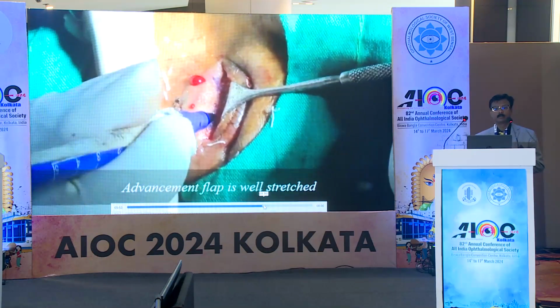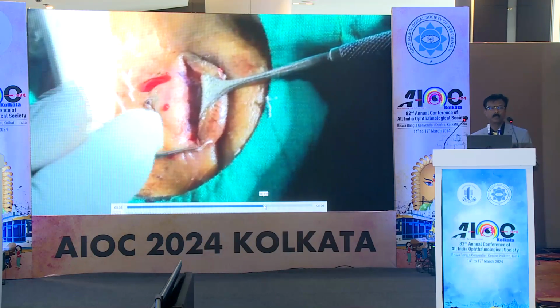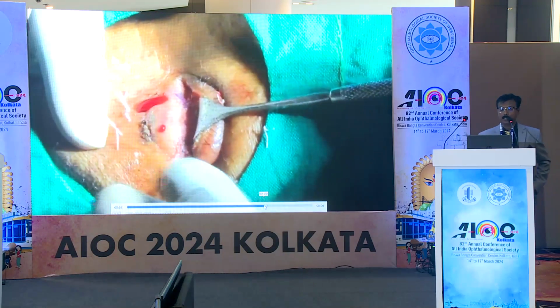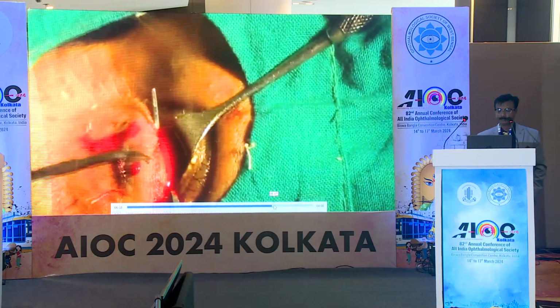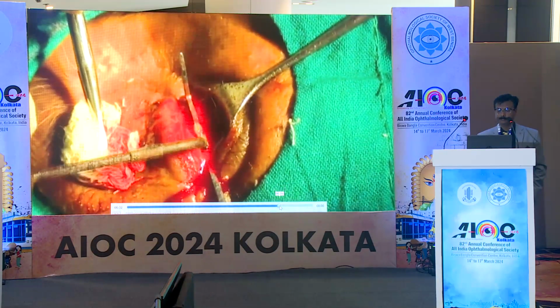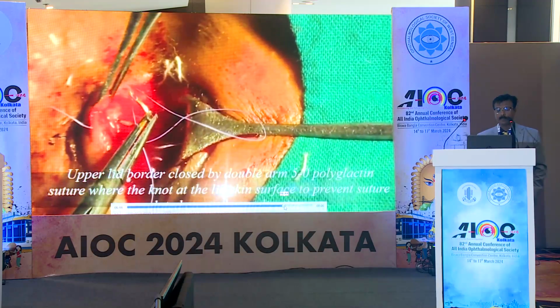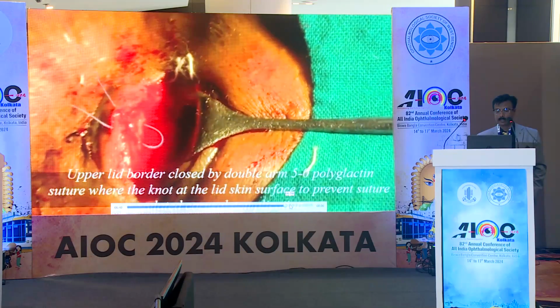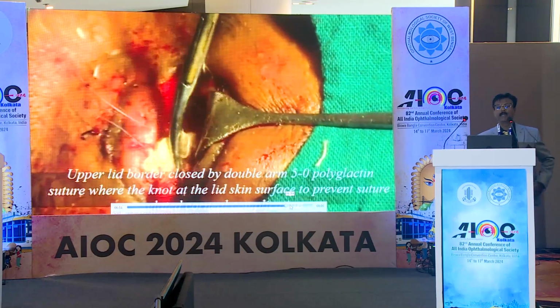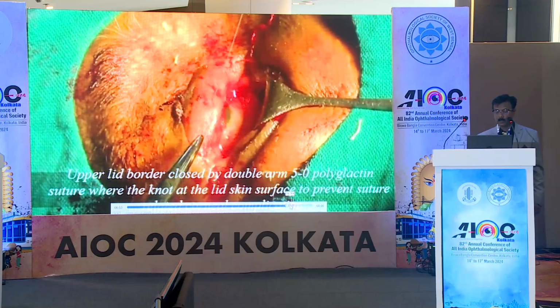After 6 weeks, again we make a downward convex incision. Eyelid is open. And the lid margin suture is secured. There should not be any knot exposure to the cornea, otherwise it may cause exposure keratitis.